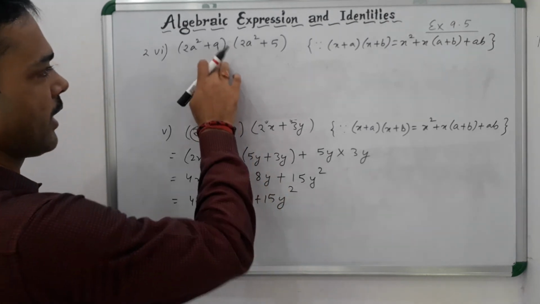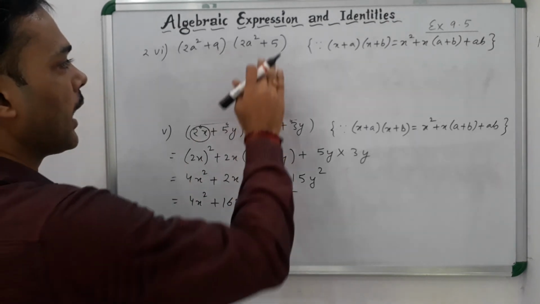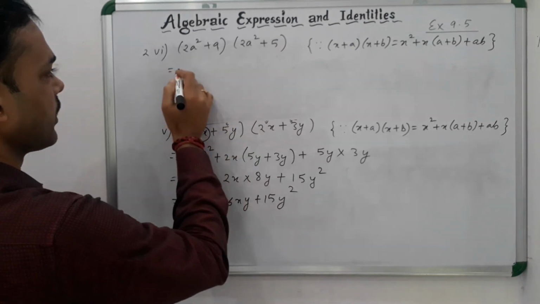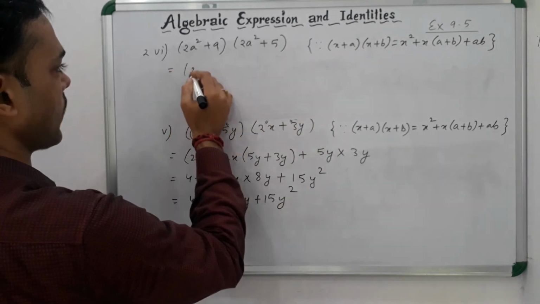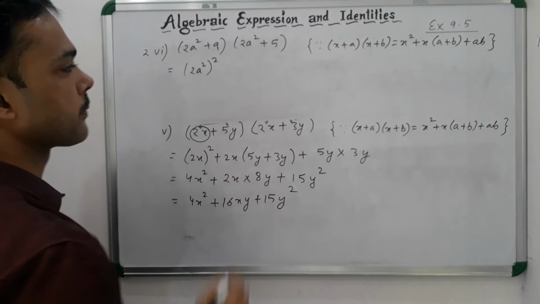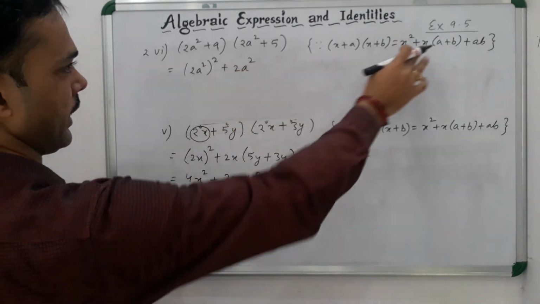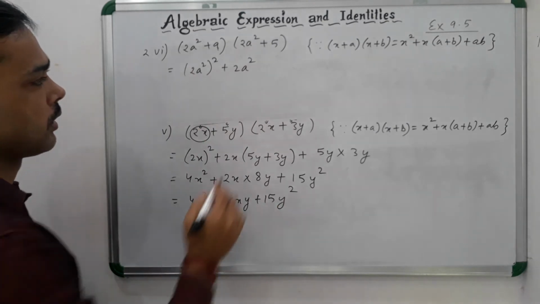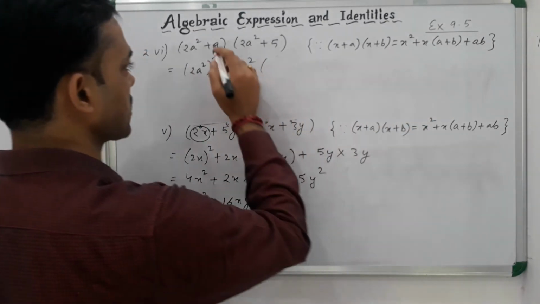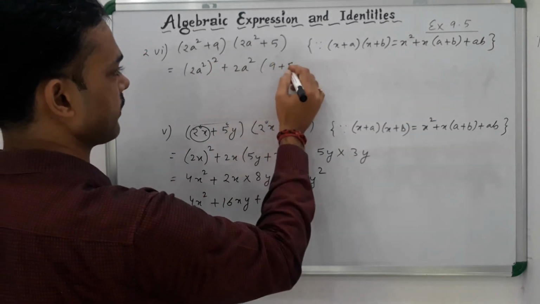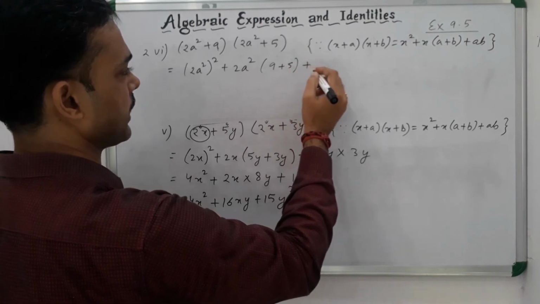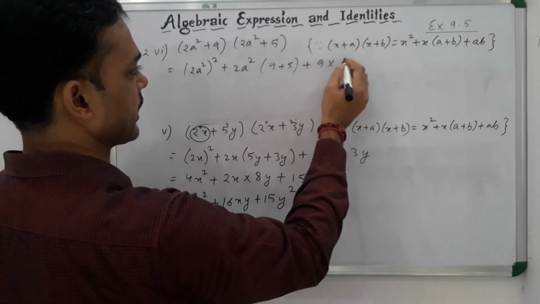At place of a, we have got 9. And at place of b, we have got 5. So here it is x square means 2a square whole square, plus a, it is x, so 2a square. In bracket it is a plus b means 9 plus 5. Then plus it is ab means 9 into 5.